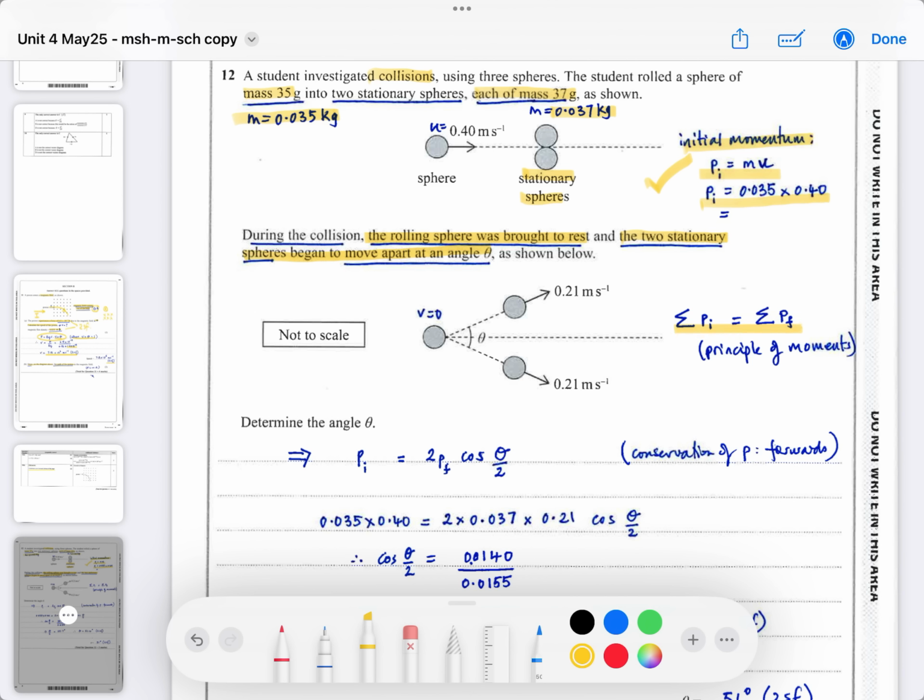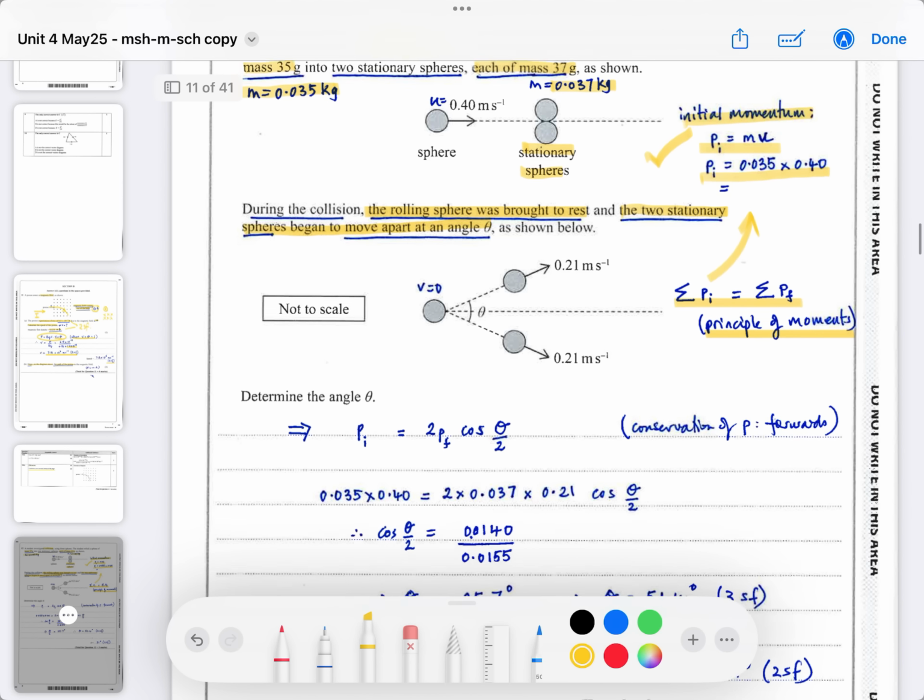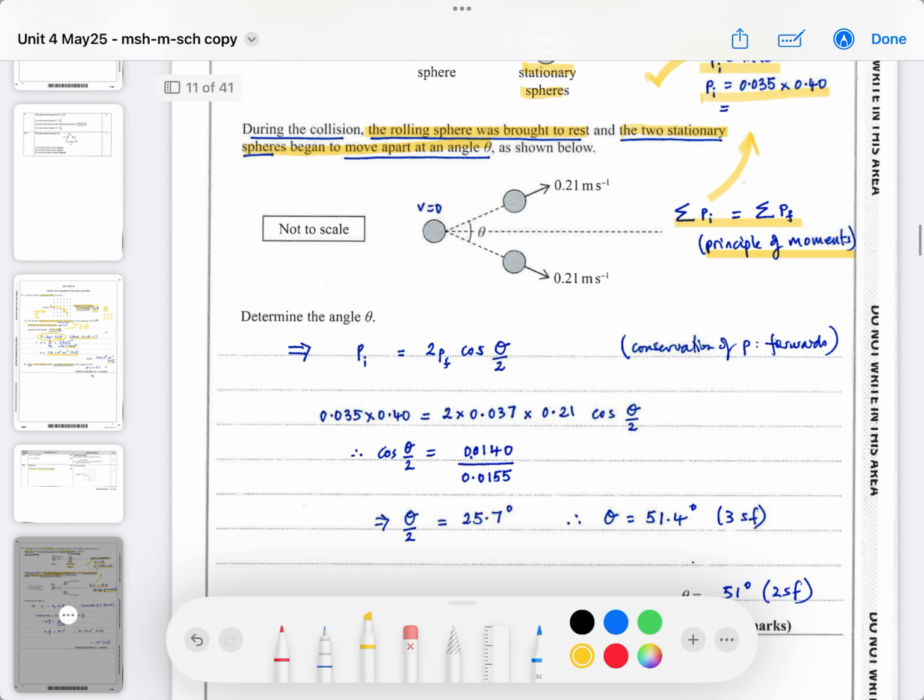The sum of the momentum before, which was what we worked out up there, although I didn't calculate it, must be equal to the sum of the momentum afterwards of the 2 spheres. So the initial momentum, which is 0.03 times 0.35 times 0.40, must be equal to 2 lots of 0.37. Remember, they've got slightly different masses, times cos theta, because we're doing the conservation of momentum in the horizontal component.